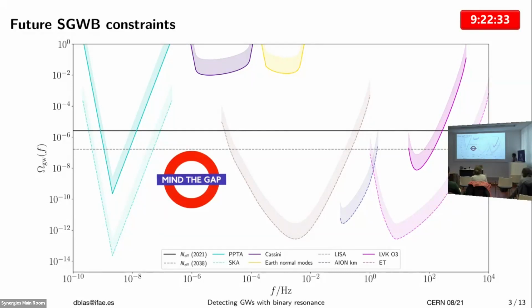But then there is something maybe more relevant, which is that there is a gap in the microhertz band, and the reason why it is there is that you need something between, let's say, galactic scale and solar system scale, where you can time something well.